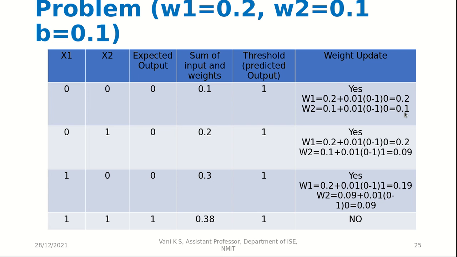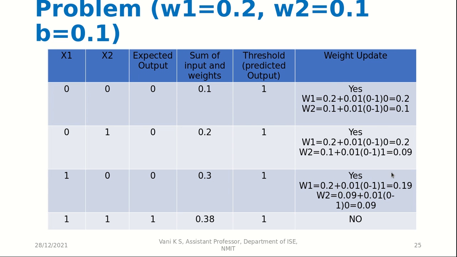Then we move on to the second input, where x1 is 0, x2 is 1, and our expected output is 0. And then we take the sum again, b plus w1 x1 plus w2 x2. This time we get the sum as 0.2, which is again greater than 0, so our actual output will be 1. Since again this is not matching our expected output, we perform the change of weights. How do we update the weight?